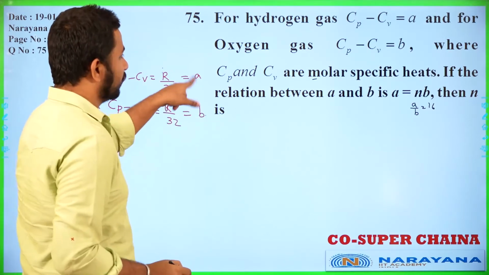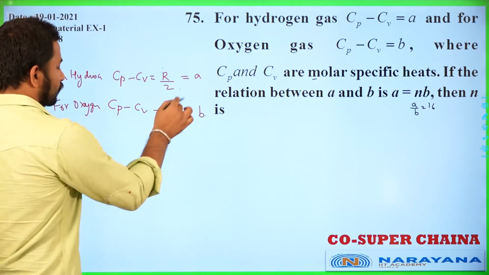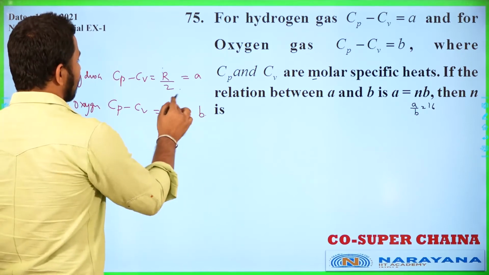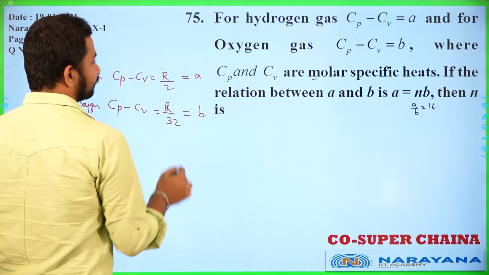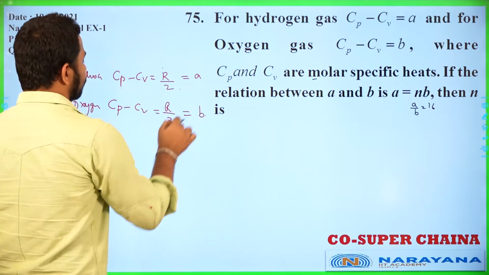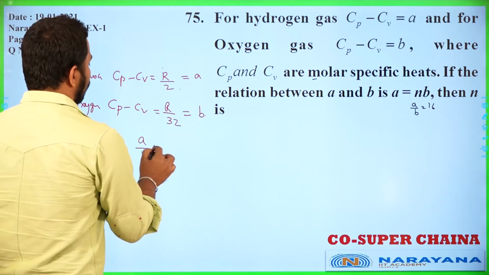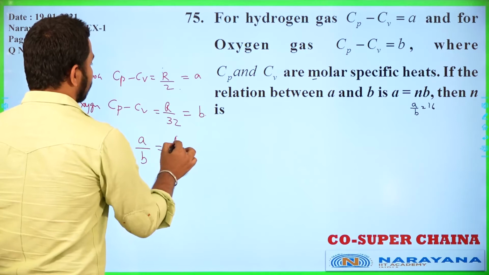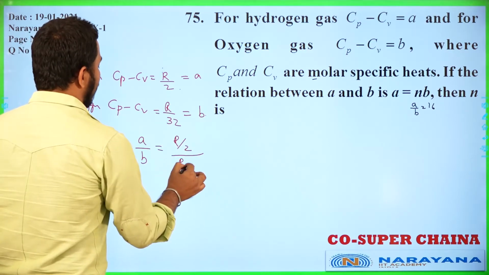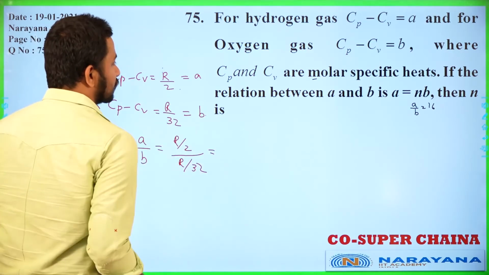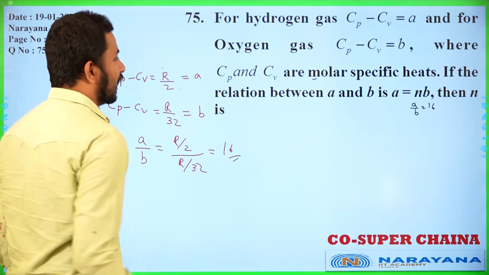So what is the relation between A and B, student? So if you see here, A and B can be written as just A by B ratio. If you take A by B ratio, it will be R by 2 divided by R by 32. Okay, so this will be coming as 16, and that will be the answer of this question.